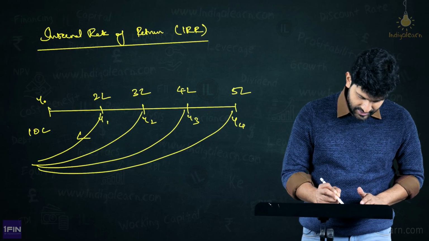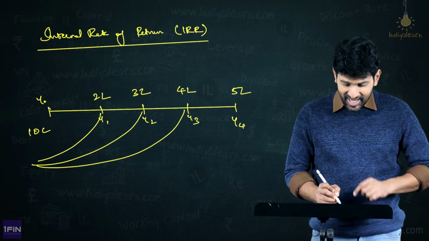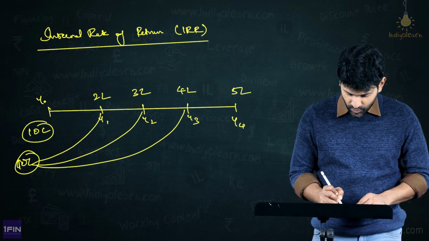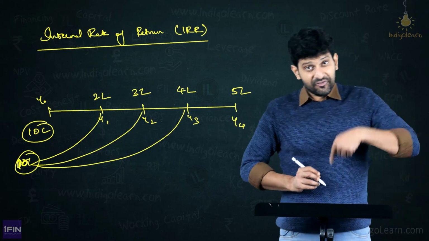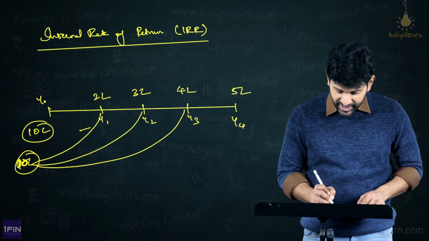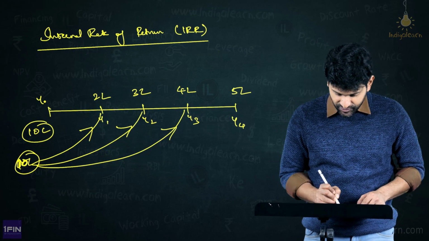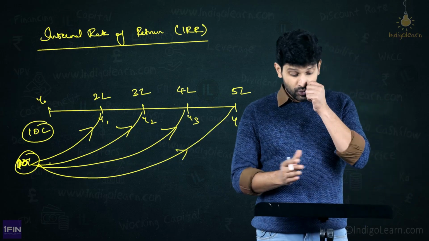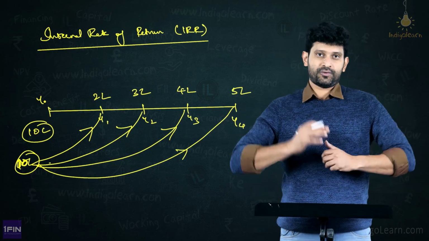IRR says, the same 10 lakhs we'll put here. It is that rate at which 10 lakhs has generated inflows of 2 lakhs, 3 lakhs, 4 lakhs and 5 lakhs respectively in year 1, year 2, year 3 and year 4.